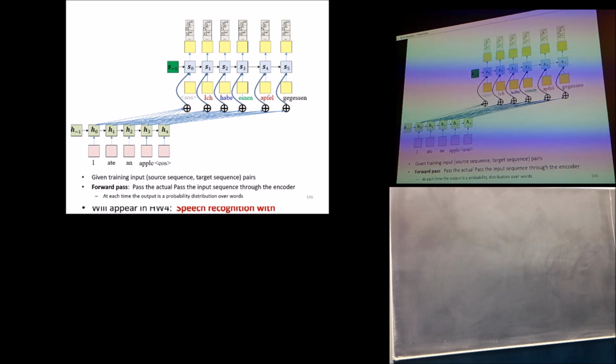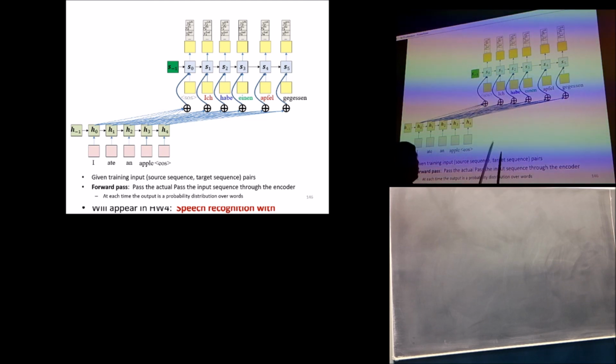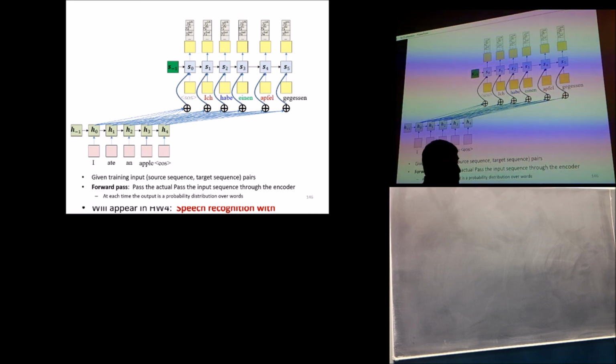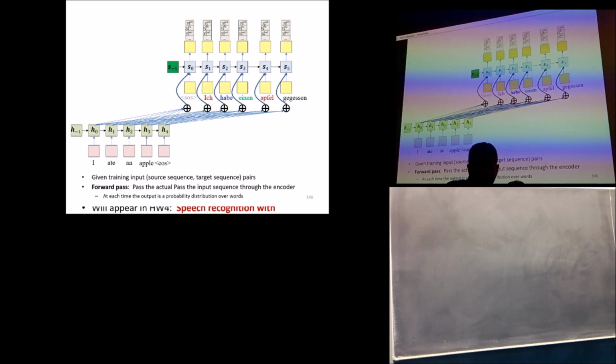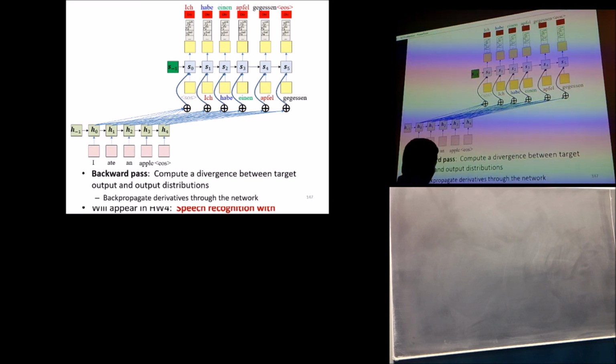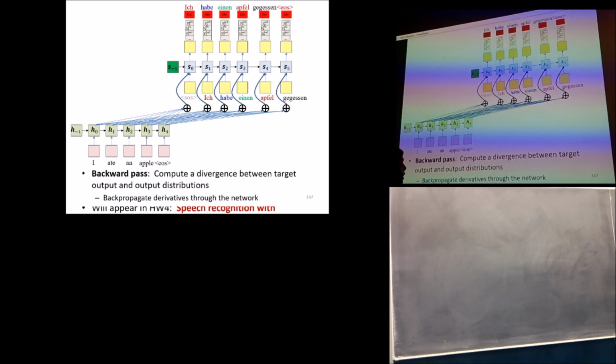So at each time the output is a probability distribution over words. The actual input is the input sequence of words and the output sequence of words, exactly as we had for the simple encoder-decoder model. And the target at each time is the next word.